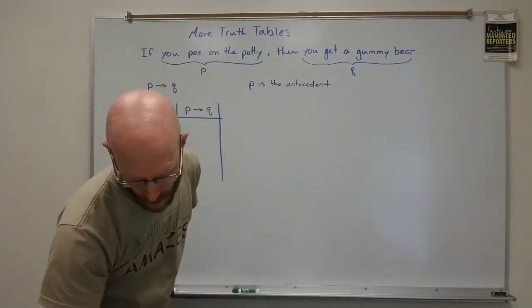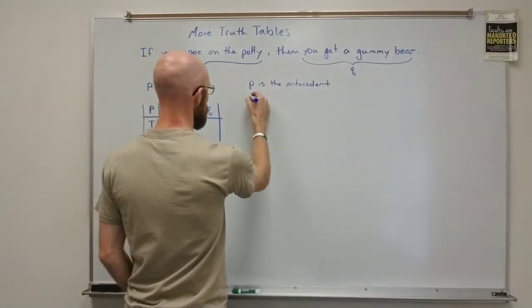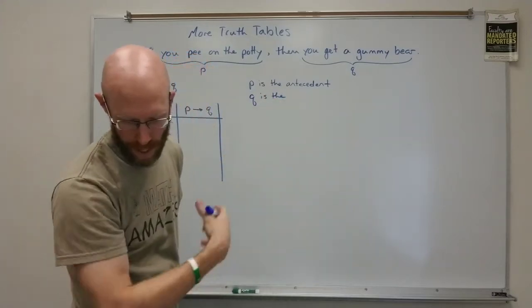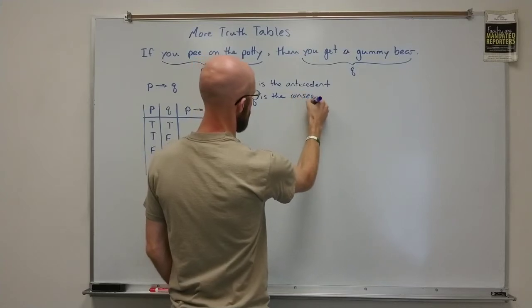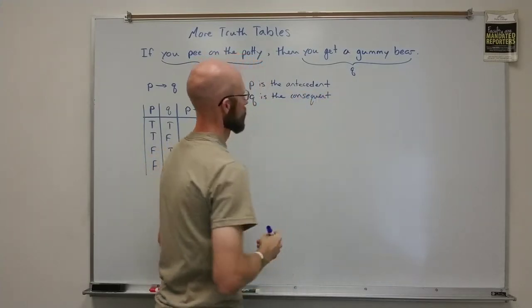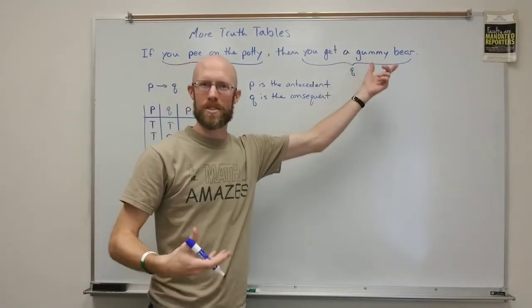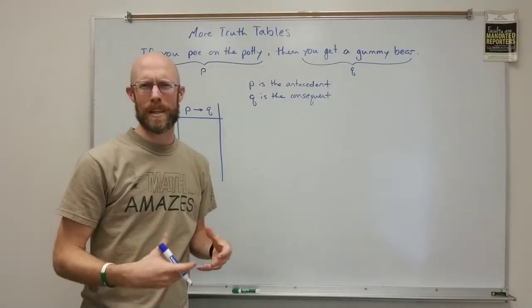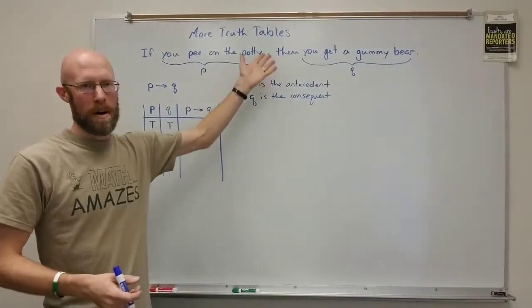So P is the antecedent, and Q is the consequent. Think of it as a consequence, right? Getting a gummy bear is a consequence for peeing on the potty. Usually we think of a consequence as having a negative connotation, but really it could be positive too.